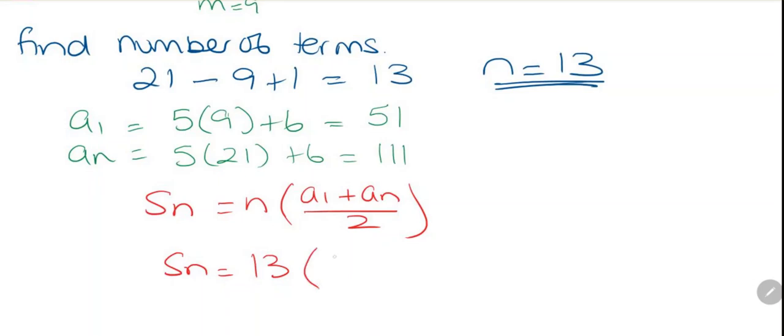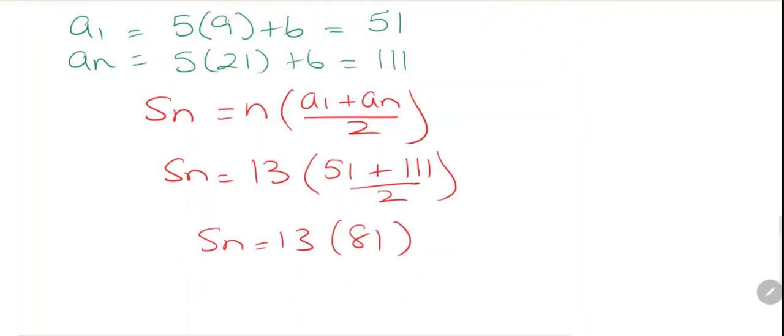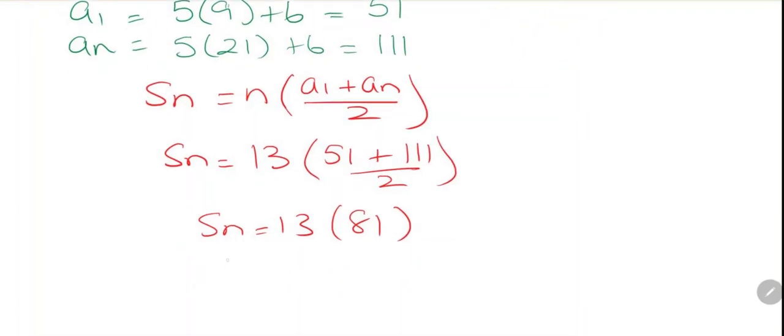And the first number in our term is 51, and the last value would be 111, and we're going to divide by 2. So just to calculate this, 51 plus 111 divided by 2 is 81. So the sum of the numbers, 13 times 81, is 1053.